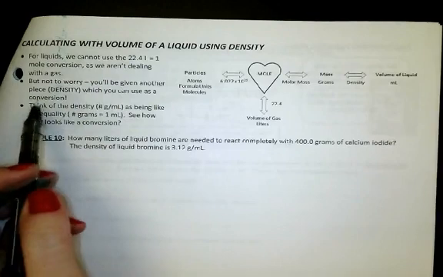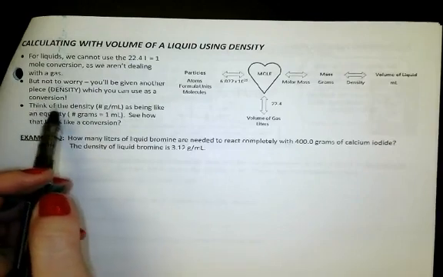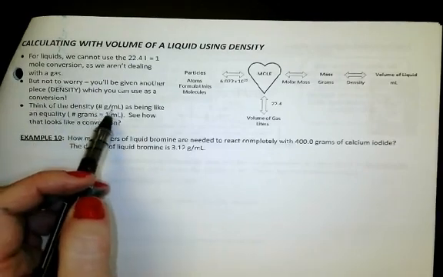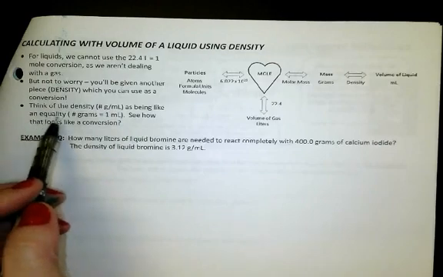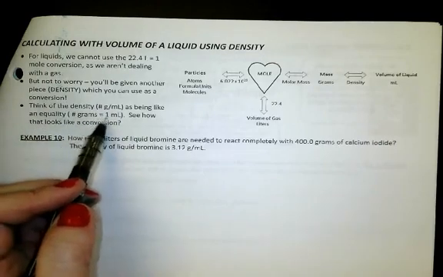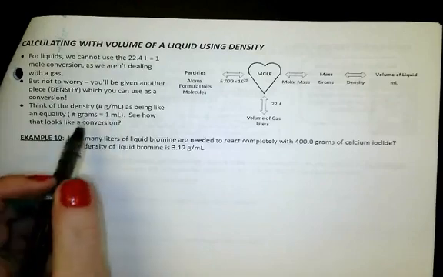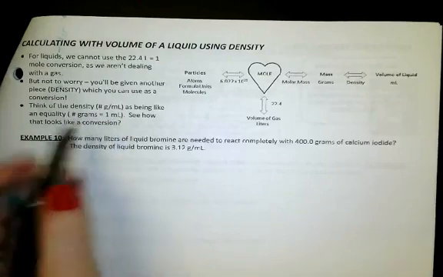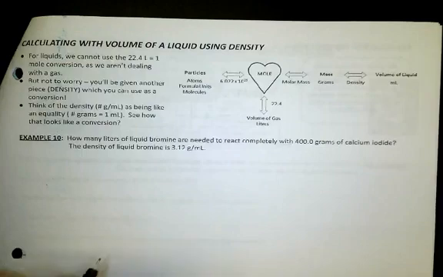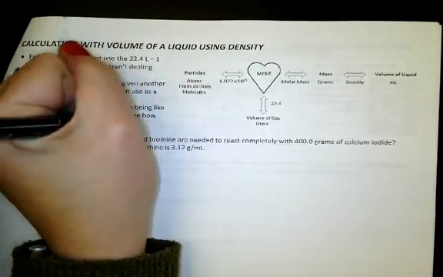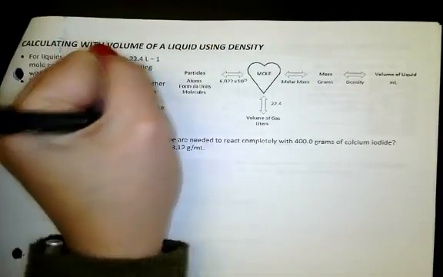Think of density as number of grams per milliliter as being like an equality of number of grams equals 1 milliliter. Okay, it's a conversion factor. So I'm going to give you an example of density. Water's density is 1 gram per milliliter.